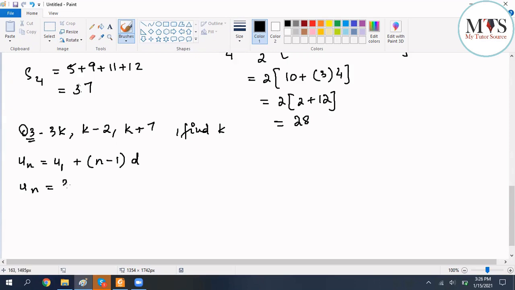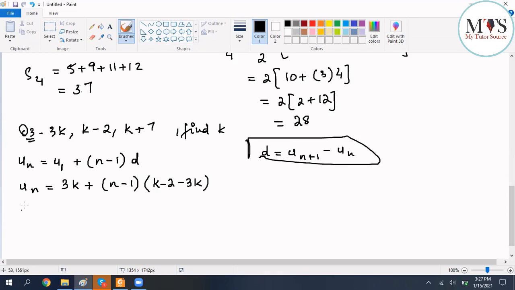So we do u1 equals 3k plus n minus 1, and then the common difference is... no, it will be k minus 2 minus 3k, that's un plus 1 minus un.